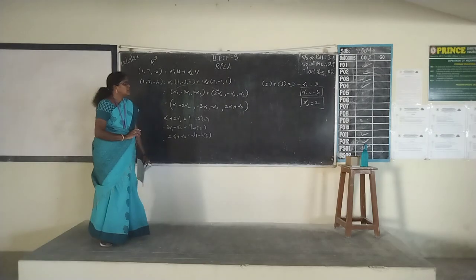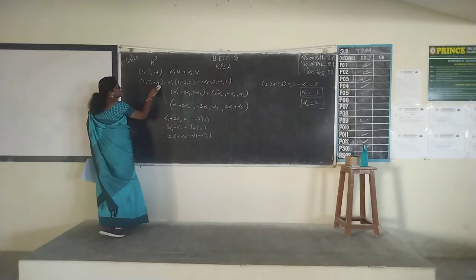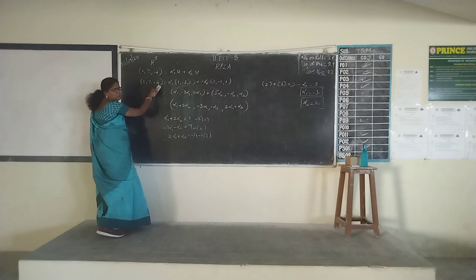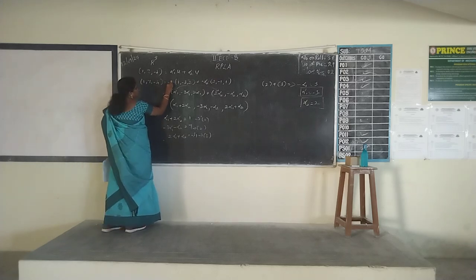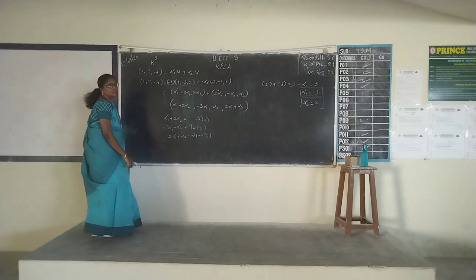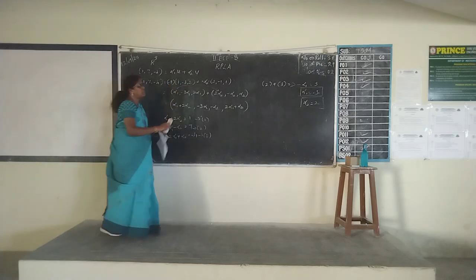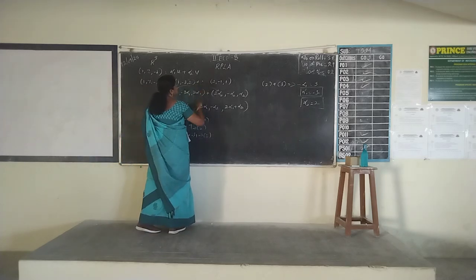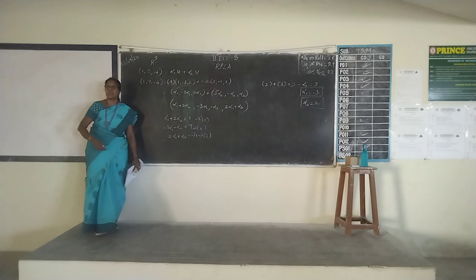Therefore [1, 7, -4] is equal to minus 3 into [1, -3, 2] plus 2 into [2, -1, 1].